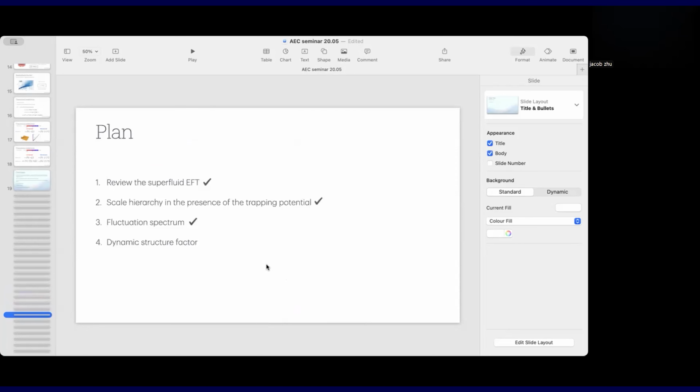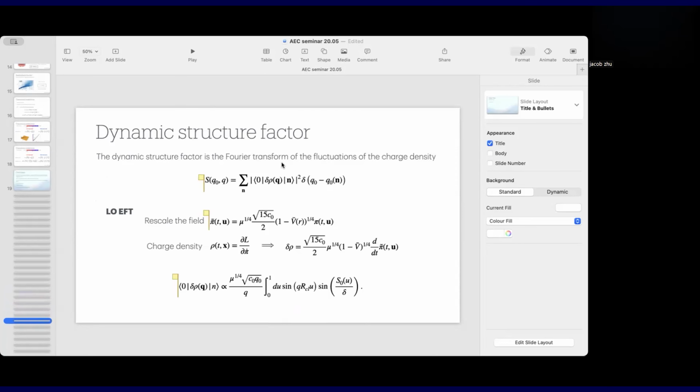And maybe I can explain the dynamic structure factor. So it's really this definition: the Fourier transform of your charge density. And the charge density you can find because it's the conjugate of your field. So if you know the field, you know the charge density. And by Fourier transforming it, you can find this by saddle point.